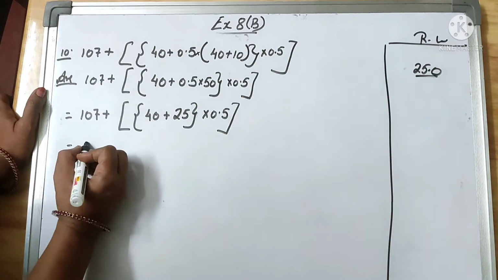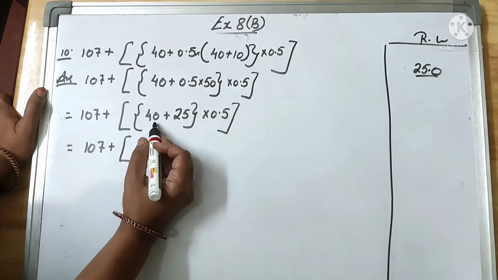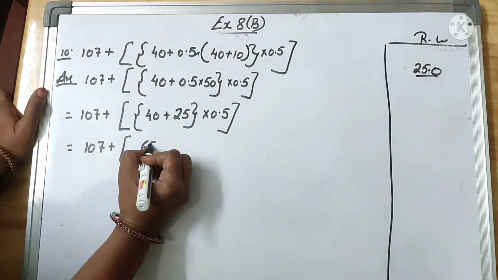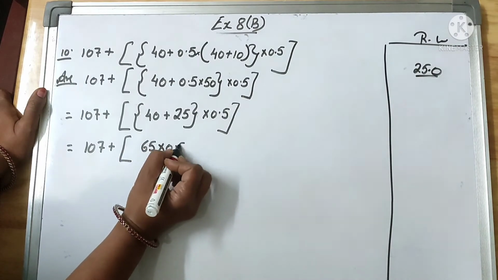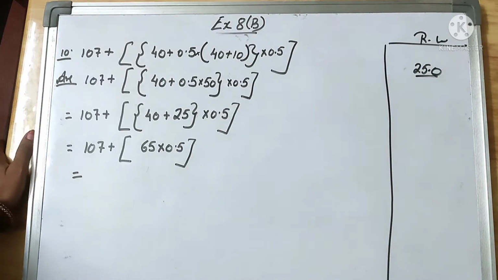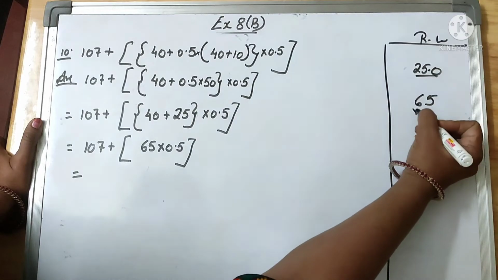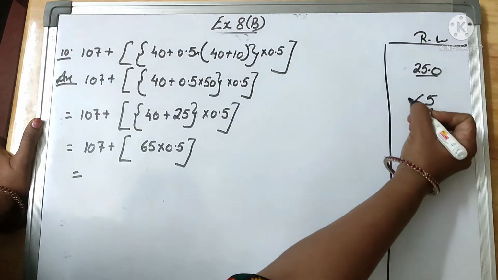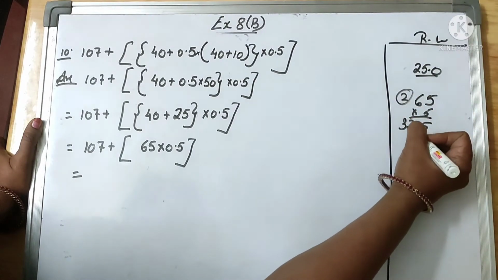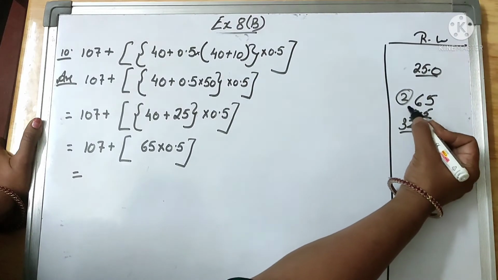Which is equal to 107 plus square bracket started 40 plus 25, it is 65 into 0.5, then square bracket closed. Now 65 multiplied by 0.5. Now 65 into 5 is equal to 5 5s are 25, 5 6s are 30 plus 2 is 32. And if it is 0.5, that means one decimal.